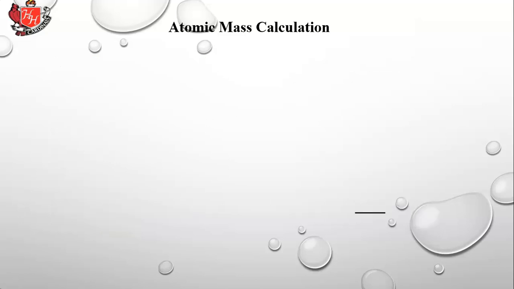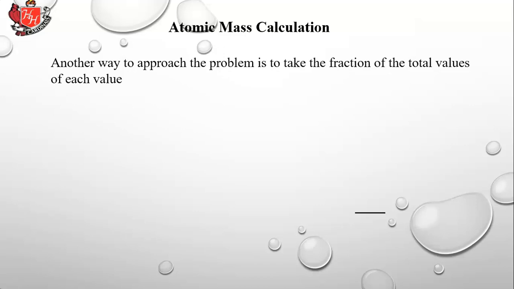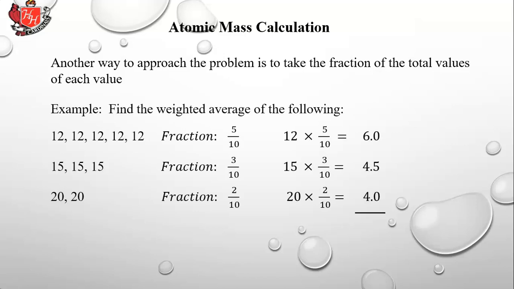So one way you can do it is by using fractions. Another way to approach the problem is to take the fraction of the total values of each value. So for example, find the weighted average of the following. You have 10 values there, so 5 of the 10 are 12s.